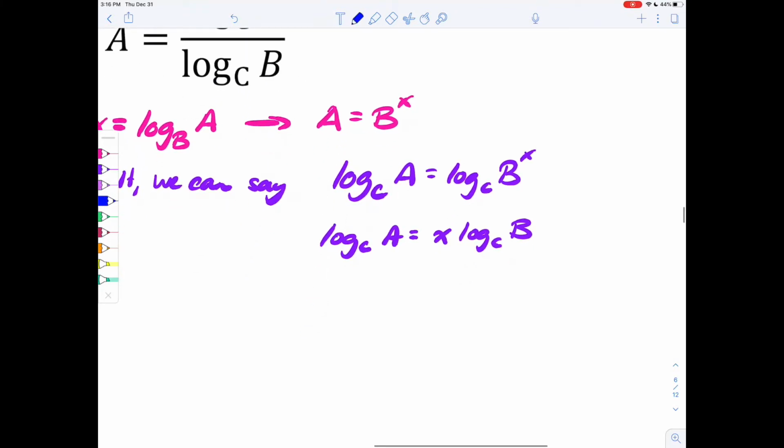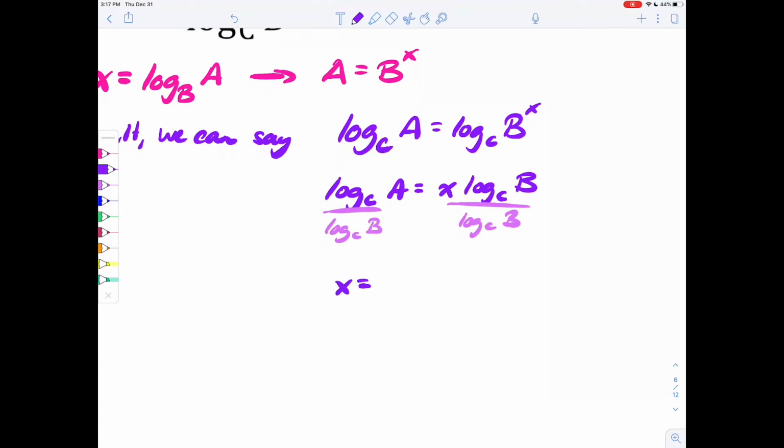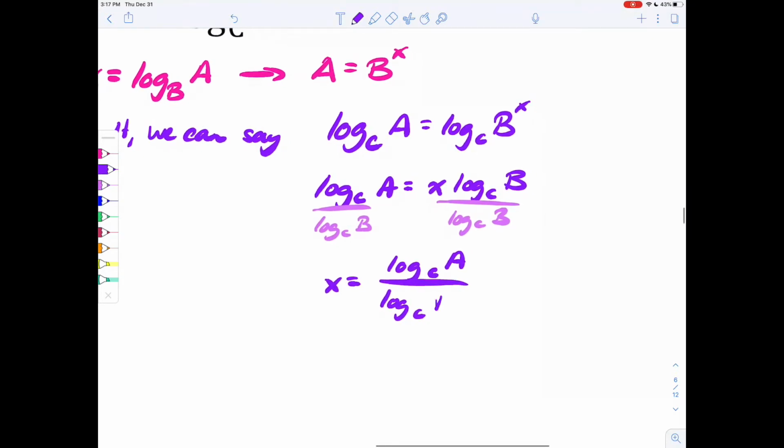So let's do that. I'm going to divide by log base c of b on both sides. So I can then say that x is log base c of a over log base c of b.